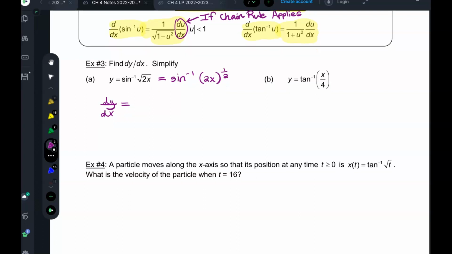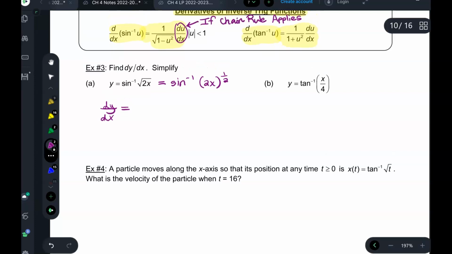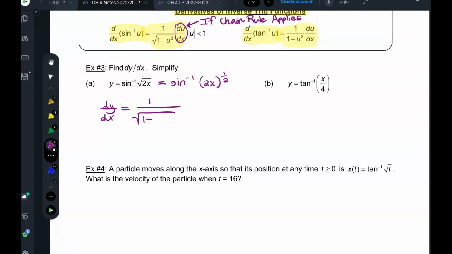The u here is this whole thing. So first, the formula is 1 over the square root of 1 minus u squared, and that's just going to be 2x.